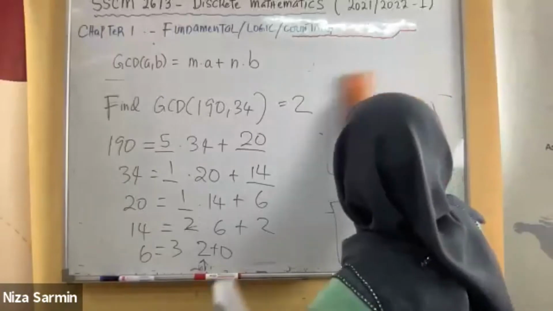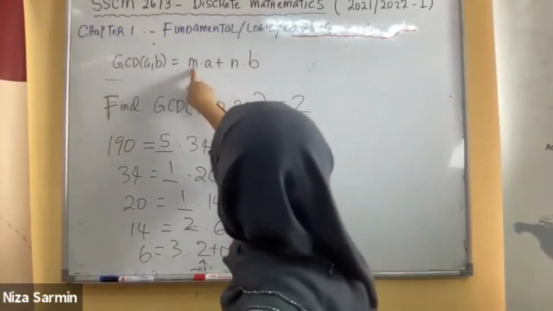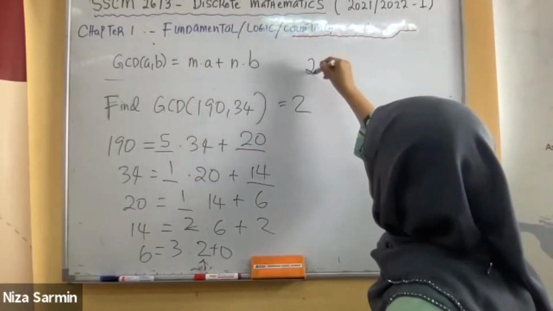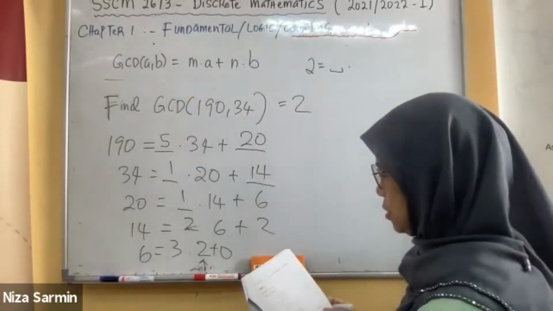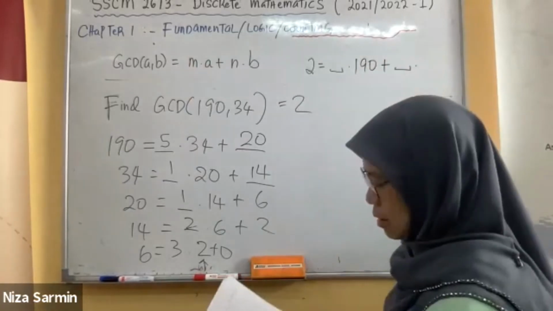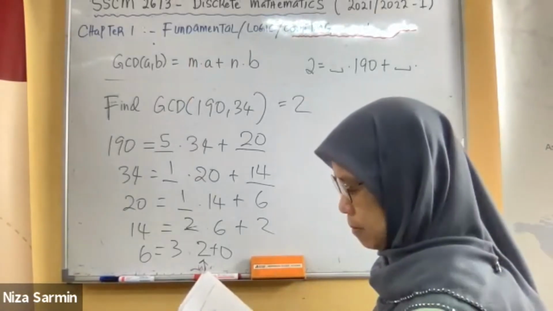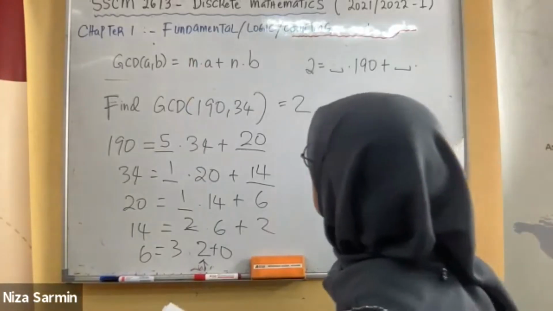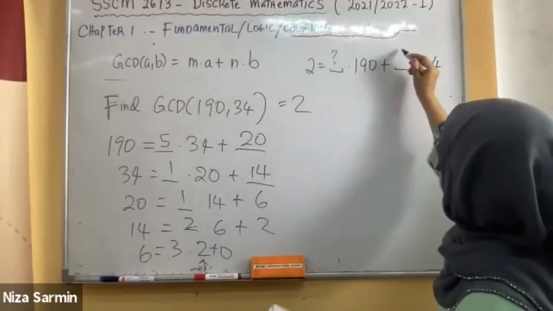Now I want to find M and N. You can write like this: 2 equals what times 190 plus what times 34. So we want to find this M and N.